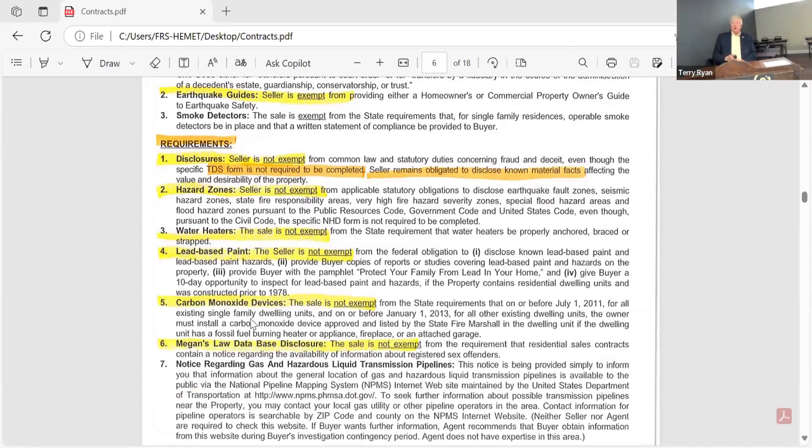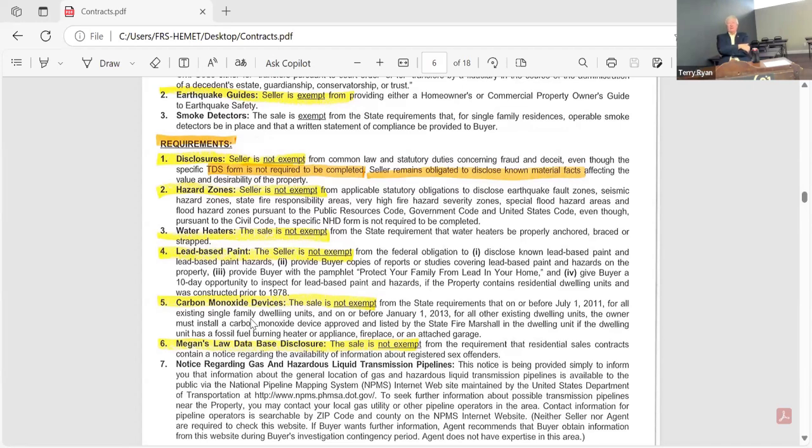Seller is not exempt from, they are obligated to disclose material facts affecting the value and desirability of the property. So you're not exempt from telling them anything you know. If you're the seller and you happen to be one of the children and you know that mom died in the house, that's a material fact that has to be disclosed. So there are things that are material facts that have to be disclosed.